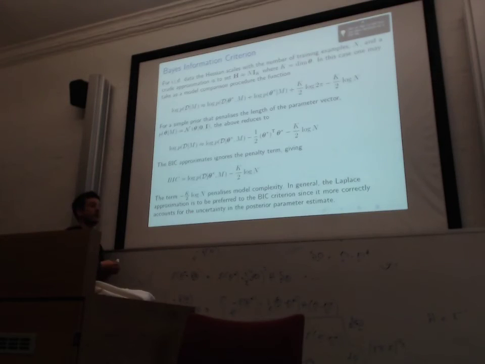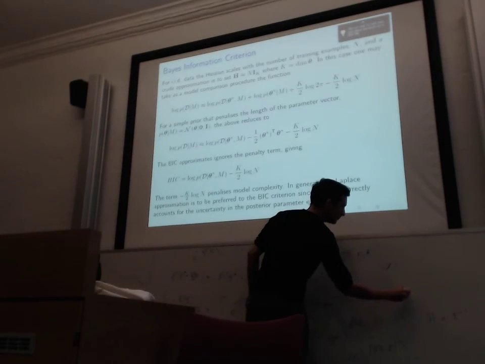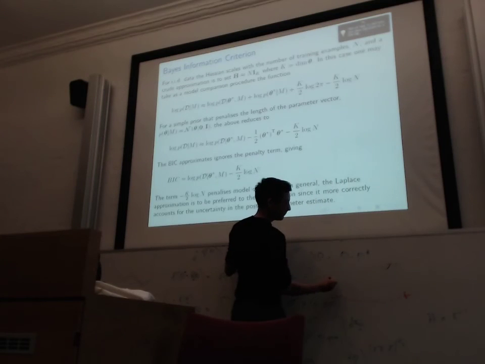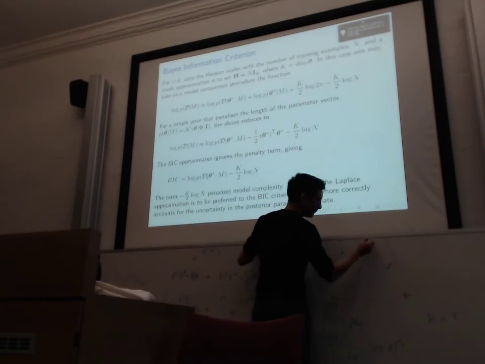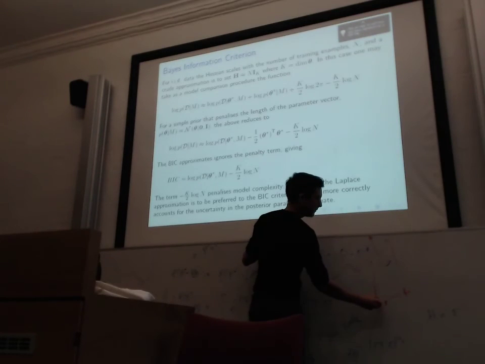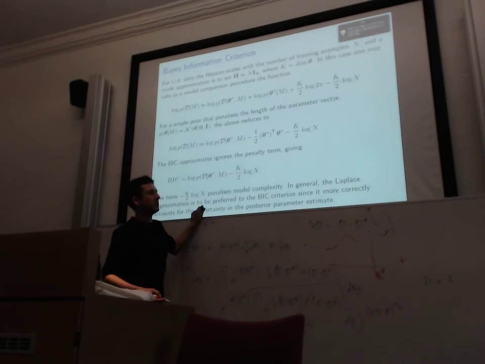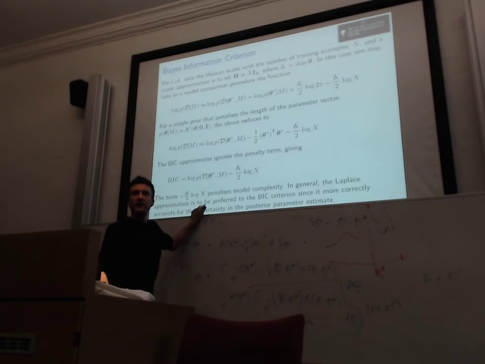And then they plot, as you vary k, that k which is optimal, which has the highest Bayes information criterion.